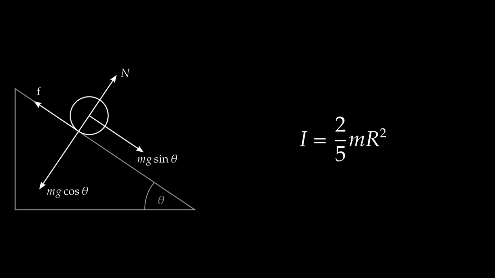And in the spirit of yesterday's conversation, not during a lecture, but off the lecture, we talked about the moment of inertia of a sphere. And in a study session, we derived the moment of inertia of a sphere, which is 2/5 mr squared. Finding that moment of inertia is sort of a feat of calculus. What I'm going to do now is roll a sphere down a ramp, which is a thing that I do in introductory physics, and then talk about its velocity at the bottom of the ramp.